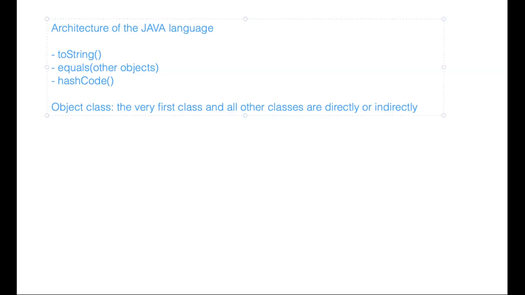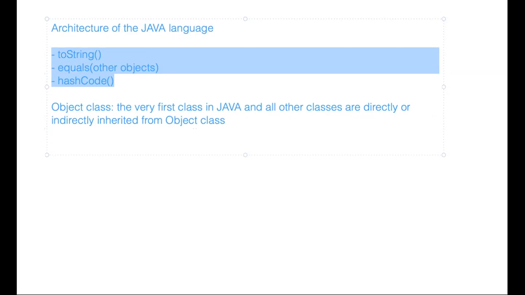So all other classes are directly or indirectly inherited from the Object class. This is the very first class in Java. And within the Object class, we have these three methods: toString, equals, and hashCode, provided by the Object class. That's why you can use equals directly without creating the method in the class, because it's inherited from the Object class.